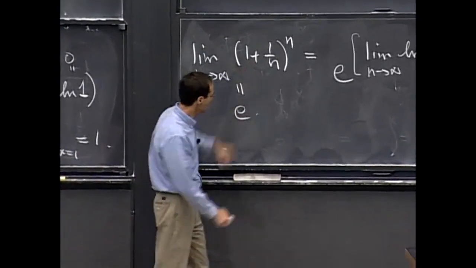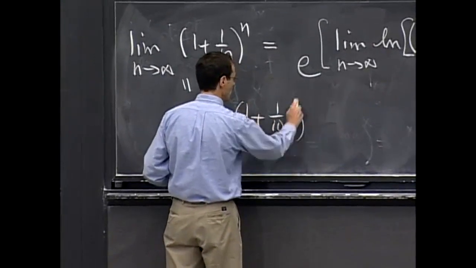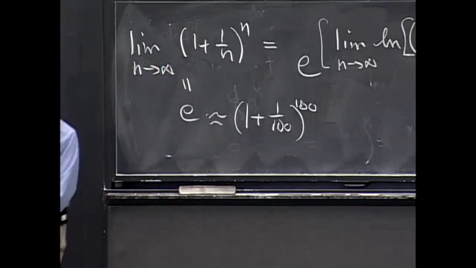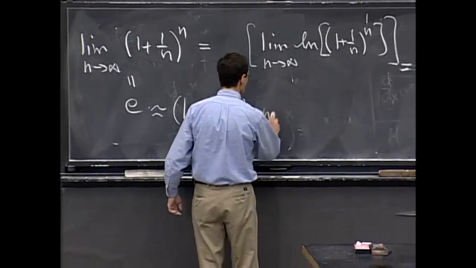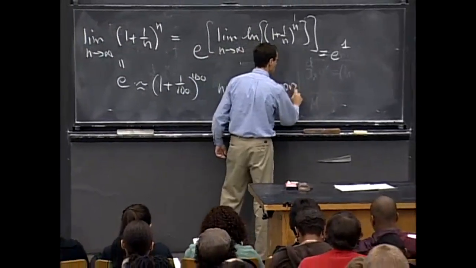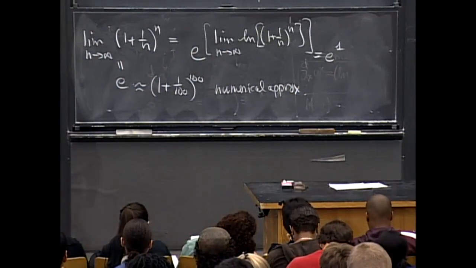And this is telling us, if you take, for example, (1 + 1/100)^100, that's going to be a perfectly decent approximation to e. So this is a numerical approximation, which is all we can ever do with this kind of irrational number.